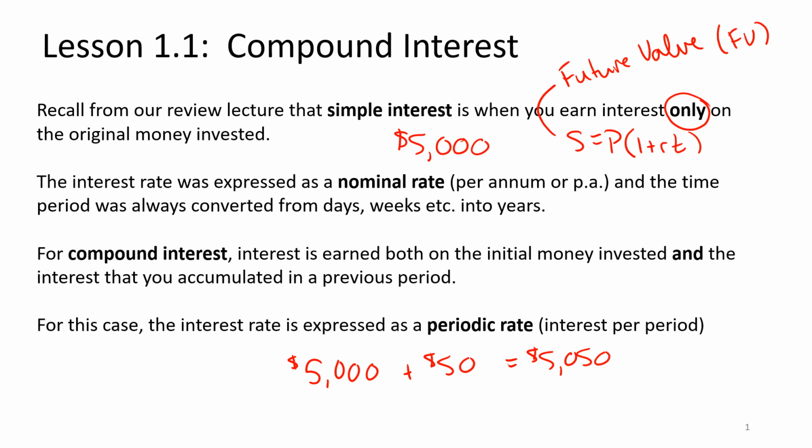The next month, you would earn interest on $5,050. So maybe the next month, you would earn $50.50, meaning that the month after that, adding those up, you have $5,100.50, and it continues to accumulate that way. That is how it works with traditional savings accounts that you're going to see at banks.